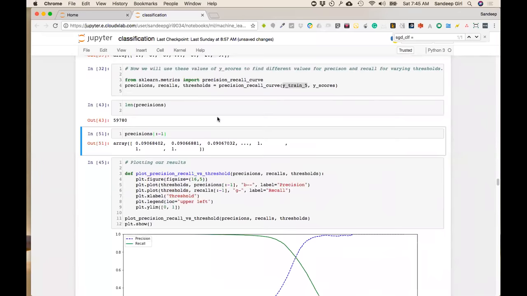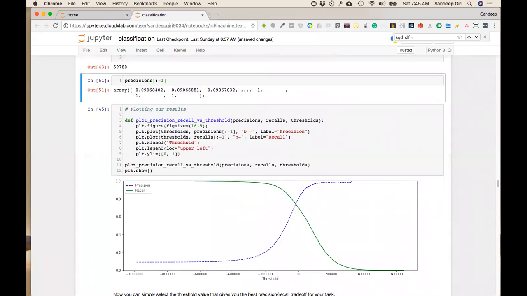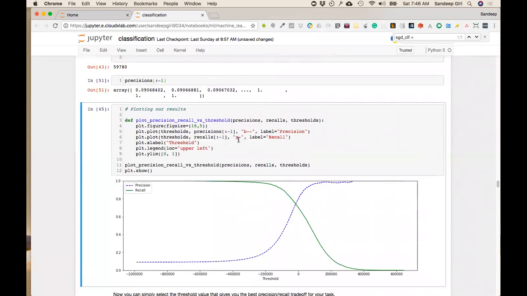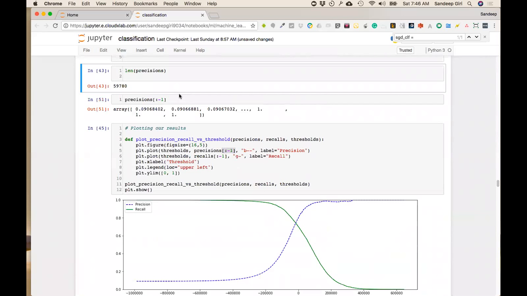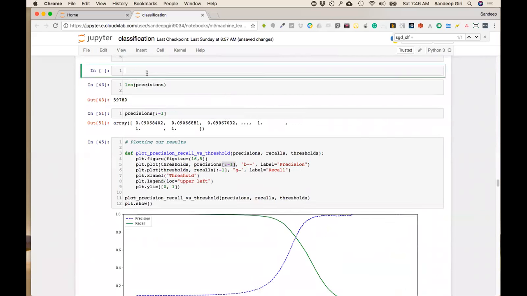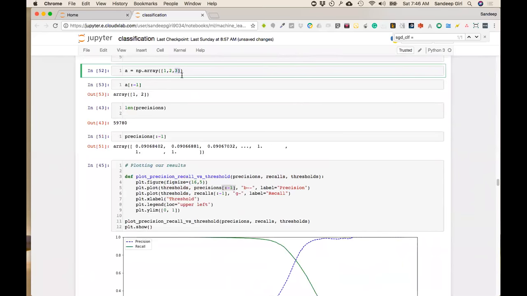I'll look into this part soon. Like if I have an array, a equals np.array, and I have this, it basically is excluding the last value.